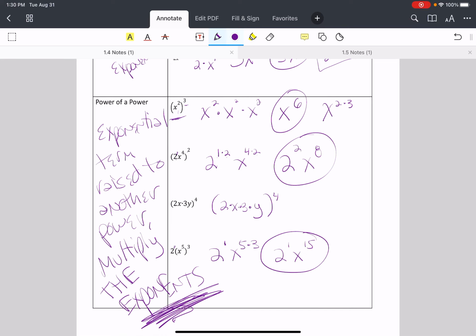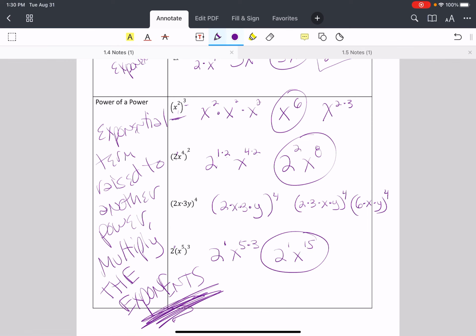So what I can simplify in the parentheses is putting my numbers together. So it's 6 times x times y to the 4th.